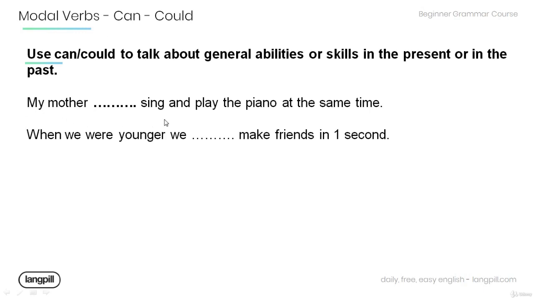My mother can sing and play the piano at the same time. When we were younger, we could make friends in 1 second.